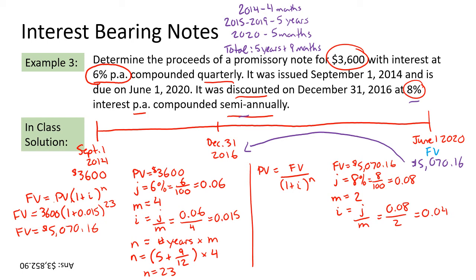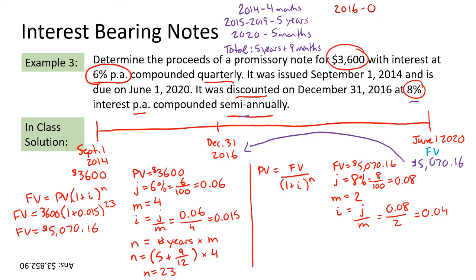Now we can calculate our total number of compounding periods. We know it's December 31st, 2016 to June 1st, 2020. So if we go back up top here again, in 2016, there's 0 because it's the very last day of the year, December 31st.